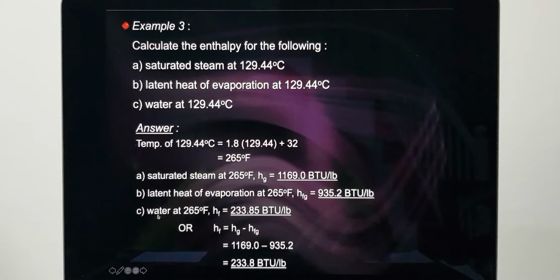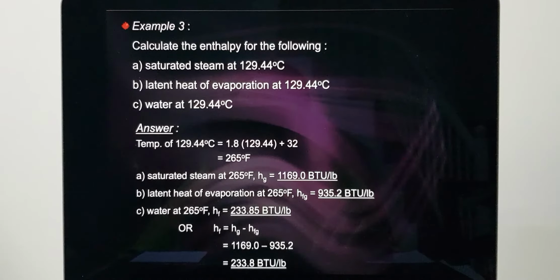Saturated liquid water refers to saturated liquid Hf, where f is for fluid. The value for Hf from the steam table, attachment 2, is 233.85 BTU per pound. Don't forget your unit, because the unit will indicate which attachment you are using.